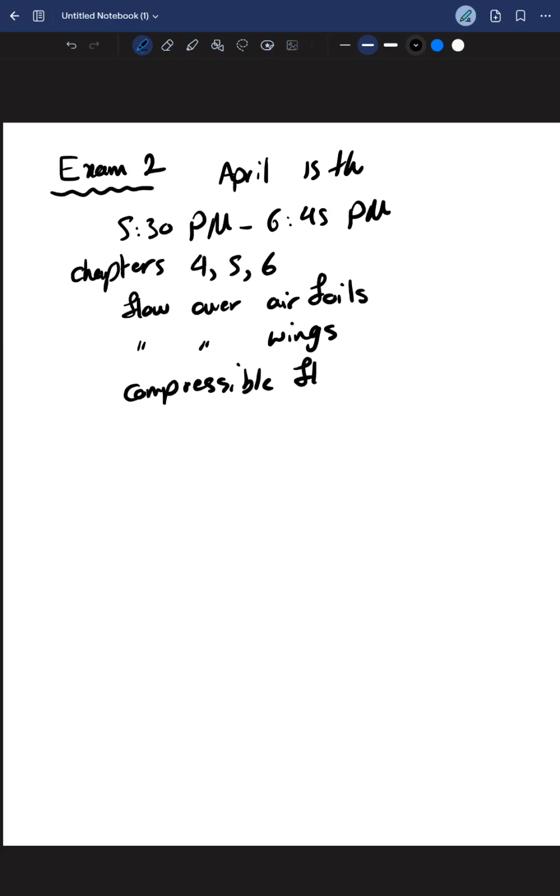Essentially, the flow over airfoils, flow over wings, and compressible flow.